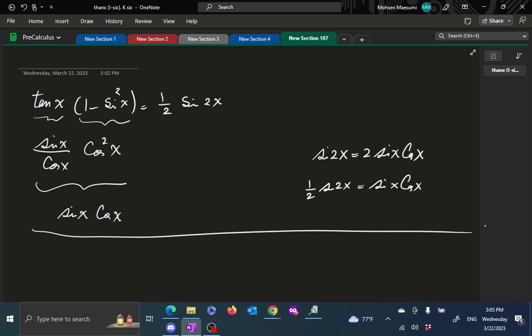So what we want to show is cosecant square of x over 2 cotangent of x is cosecant of 2x.